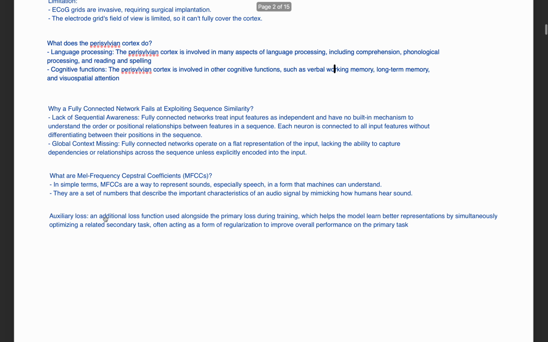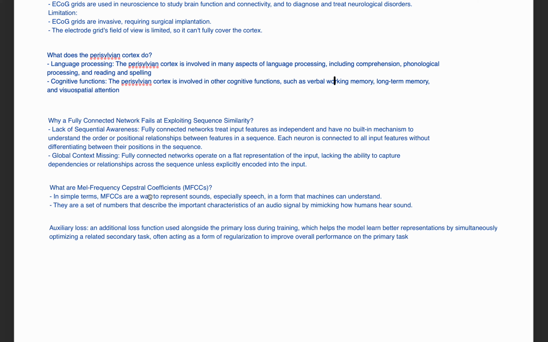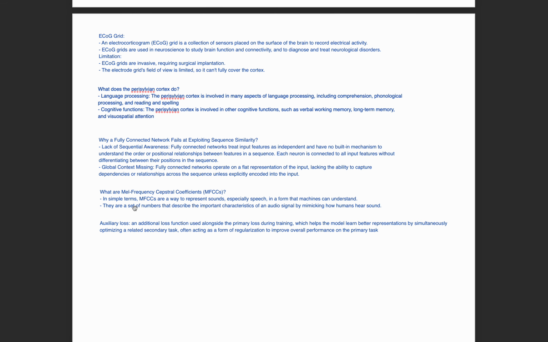So if you want to know a bit more detail, in simple terms, MFCCs represent sounds, especially from human speech, and at core they are just a set of numbers representing the characteristics of audio signals.